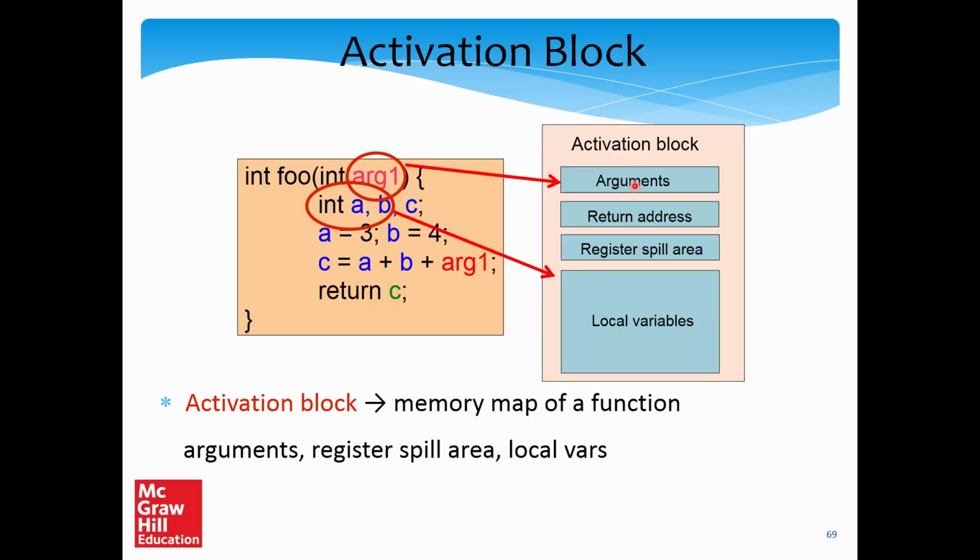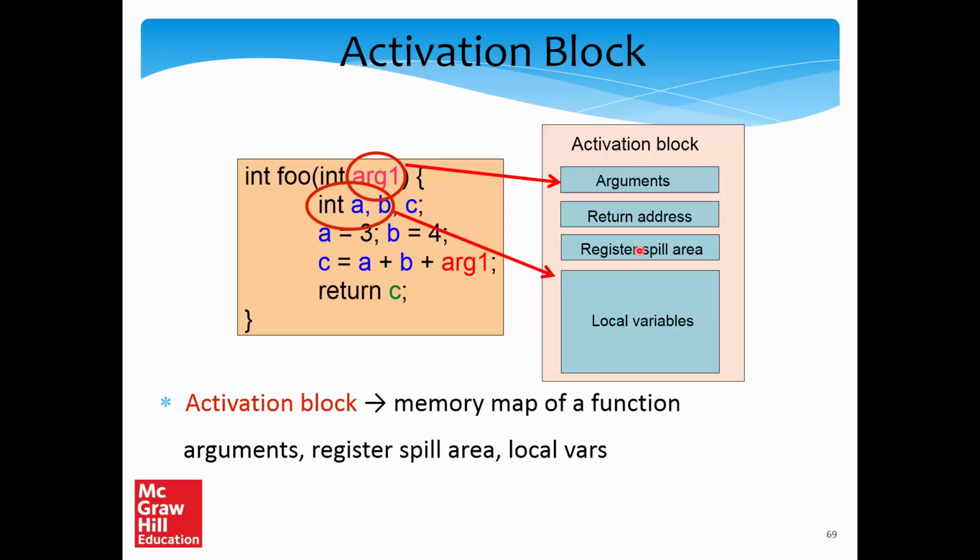In one region we save the arguments if required. In another we save the local variables, which in this case are a, b and c. Then we save the return address, again if required, and we have a register spill area where we spill registers if required.